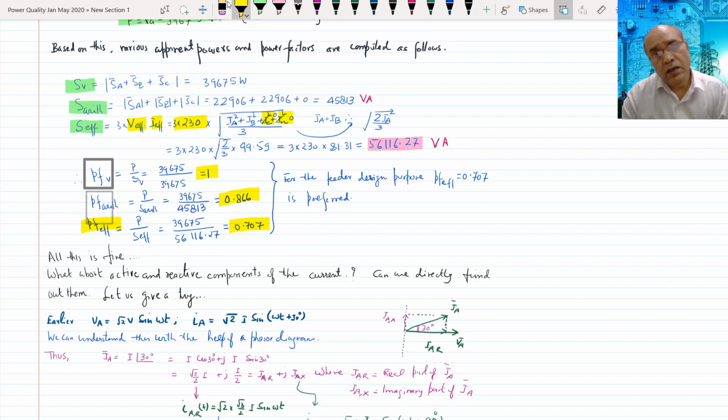How to correlate the previous study of various components of currents like active and reactive components of current to the standard notation of the active and reactive components of current. How do you find directly the active and the reactive components of the current for a given voltage and current in a circuit?